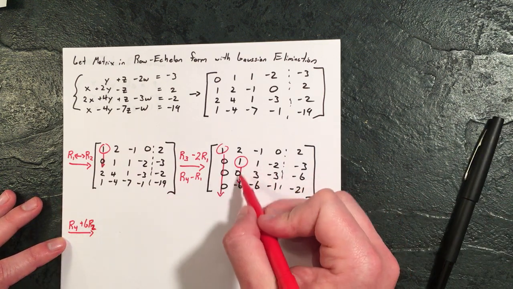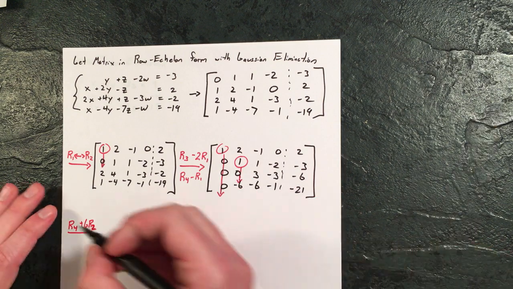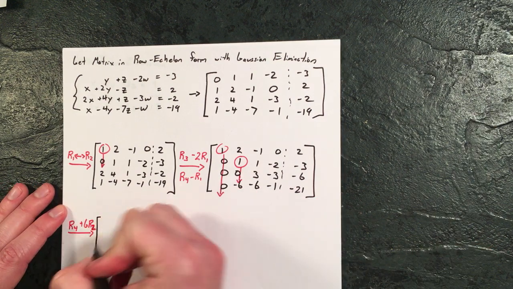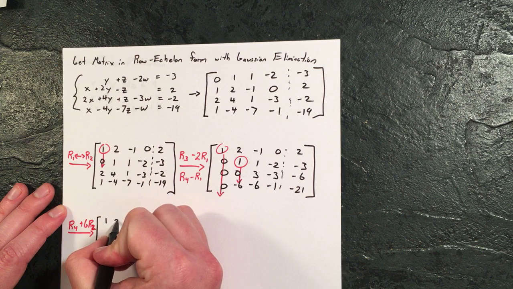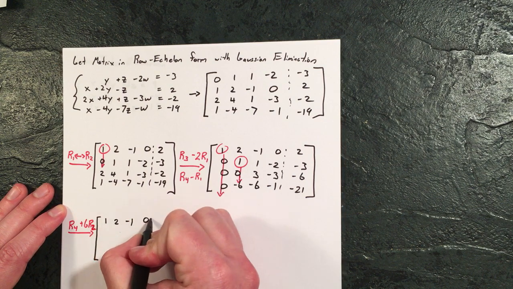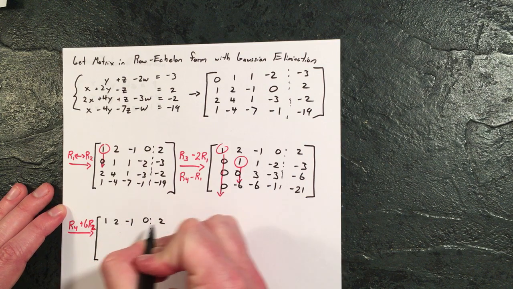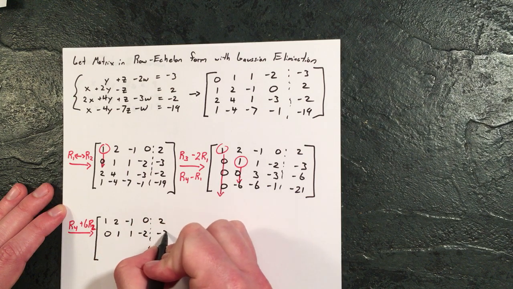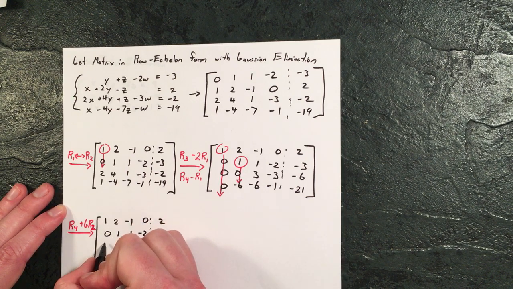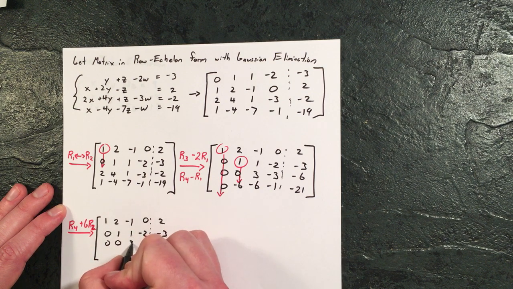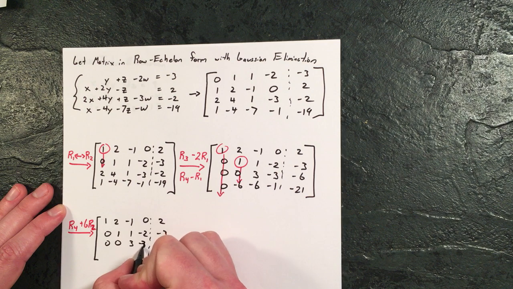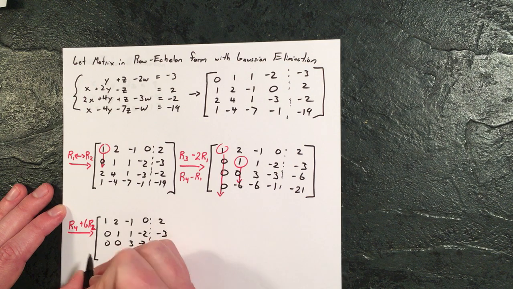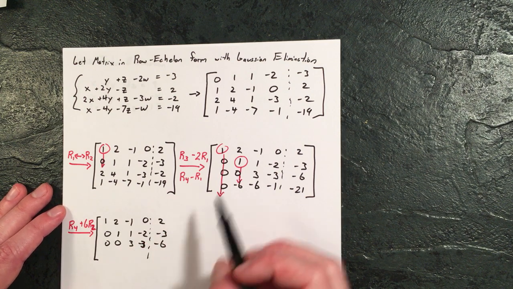We're done with row 1, so we like our row 1 and row 2. Row 3 was okay for now. But this is the one we want to switch.